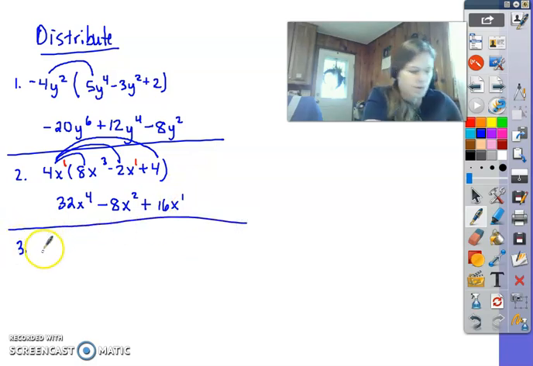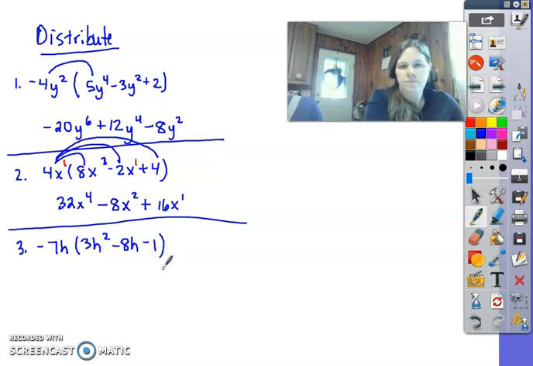And a third one, negative 7h times the quantity 3h squared minus 8h minus 1. And distribute those buggers again. Negative 7h times 3h squared leaves me with negative 21h to the what?